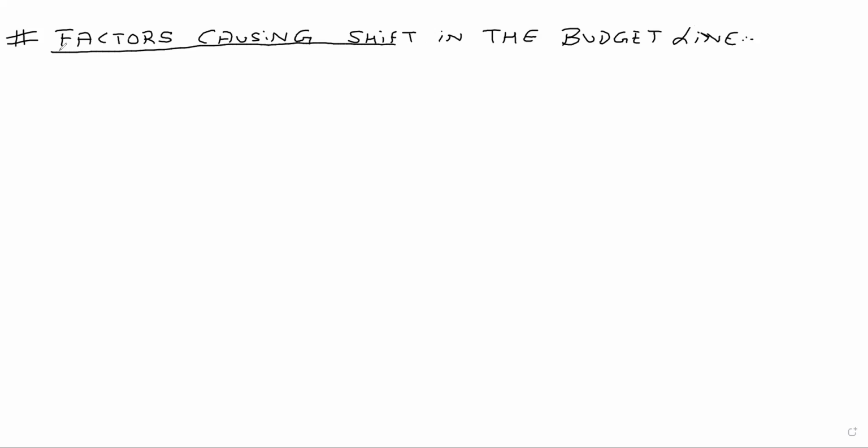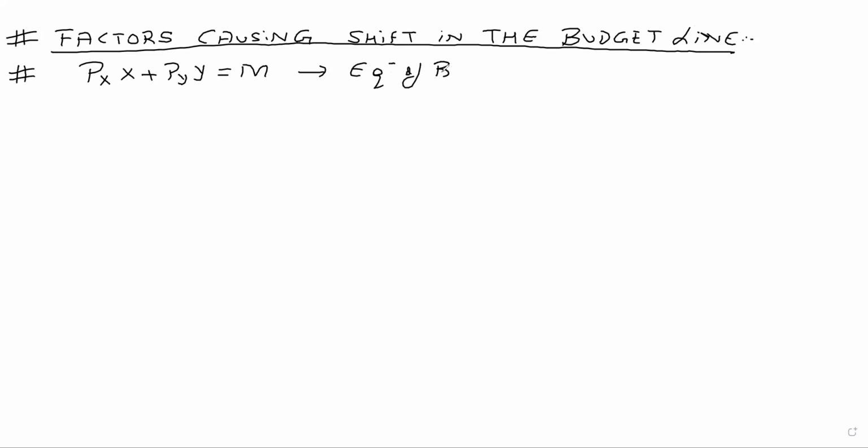So guys, what is the equation of the budget line? Equation of the budget line is px times x plus py times y equal to income. Now the first factor which causes the shift in the budget line are the commodity prices px and py. And another factor is income.